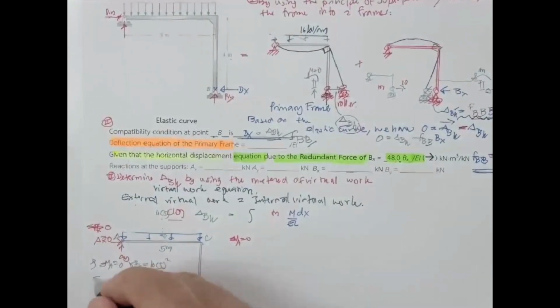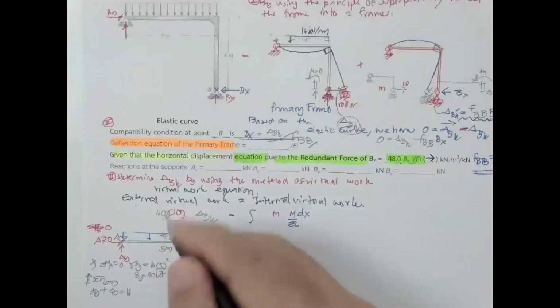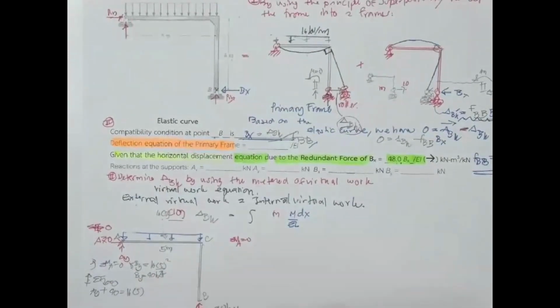kilonewton. Okay, and then the last one, summation of F sub Y equal to 0. Upward is positive. A sub Y plus 40 equal to this one, 16 times 5. 16 times 5 is what? 90. No, 80. Okay, 80.